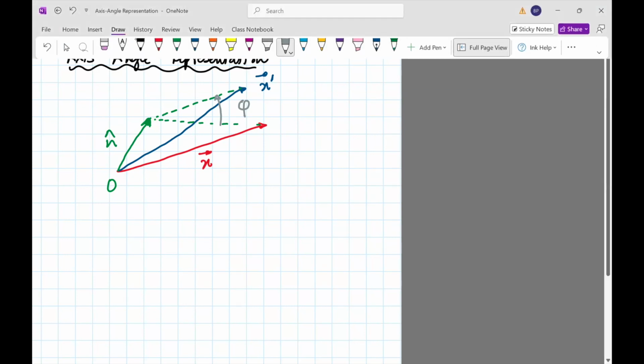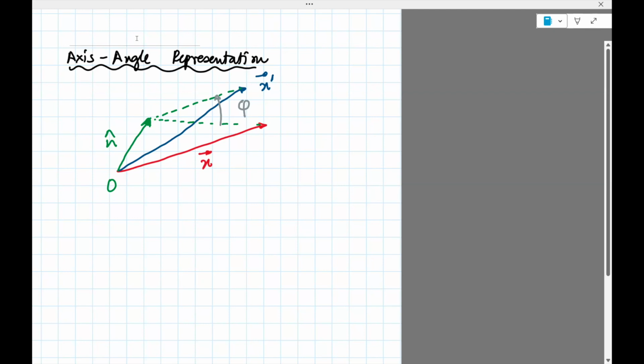Let me write down a few things so that you'll remember this. Vector x rotated to x bar.